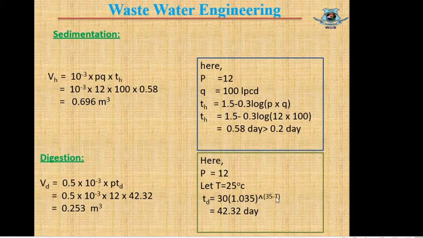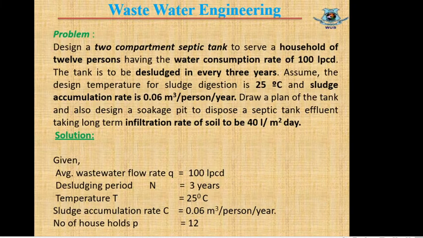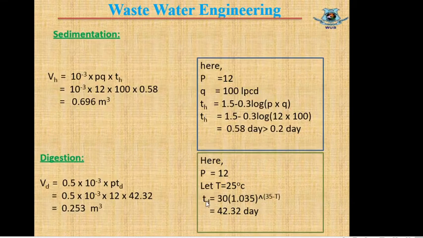Here the unknown term is T, the temperature, 25 degrees Celsius, which is also stated in the question. Using T equal to 25 degrees Celsius, TD stands to 42.32 day. If we replace this value of TD in this equation with P equal to 12, we get a digestion volume VD equal to 0.253 meter cube.